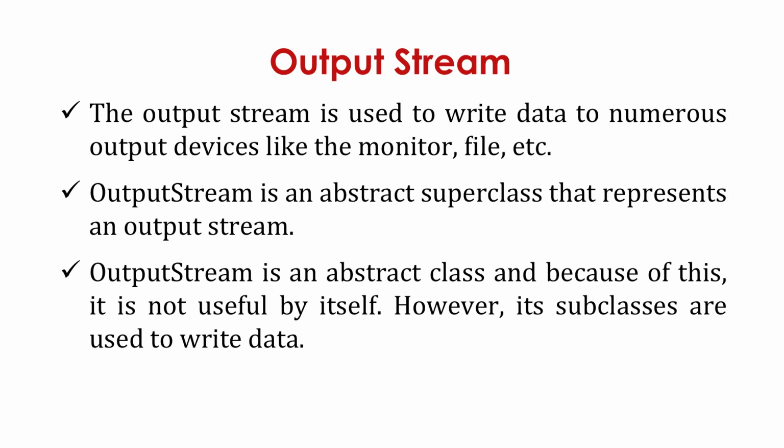OutputStream is an abstract class, and because of this it is not useful by itself. It means we cannot create the instance of the OutputStream class directly. However, its subclasses are used to write data.